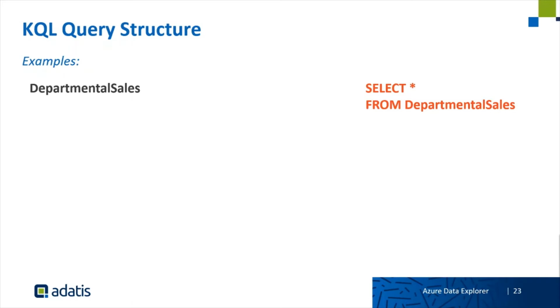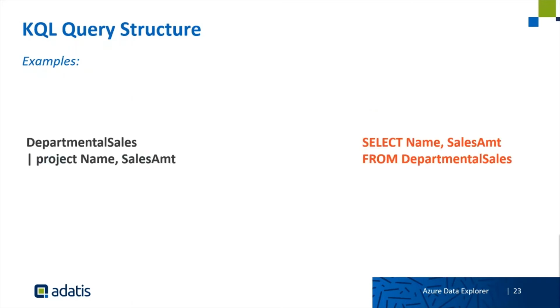And if we execute that, it will achieve the same results. If we were to get specific attributes or columns from a particular table, all we need to do inside KQL is the name of the table, the pipe operator, and then basically specify which particular fields we want to get back.